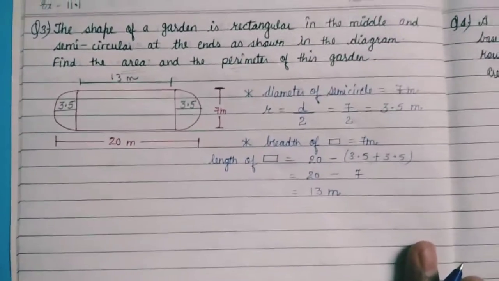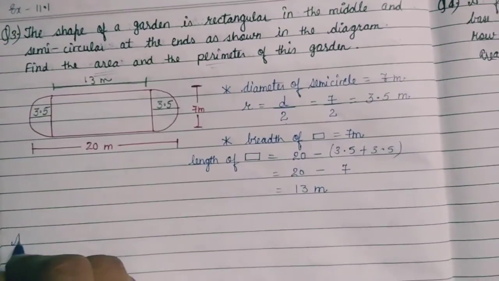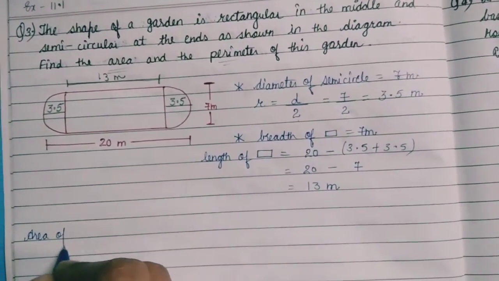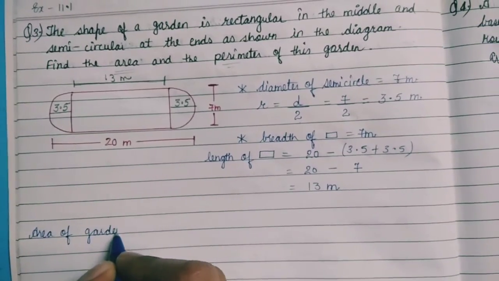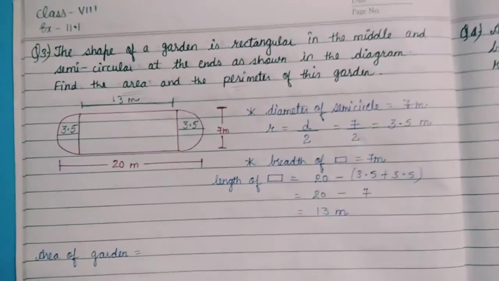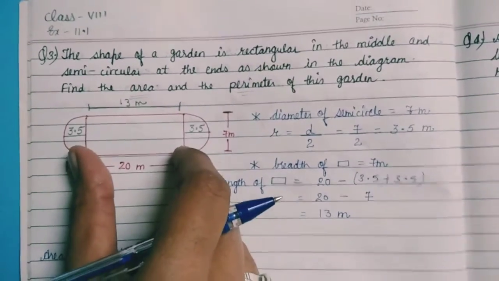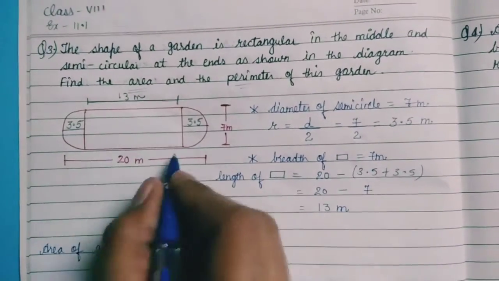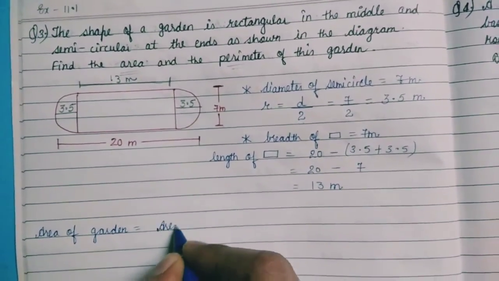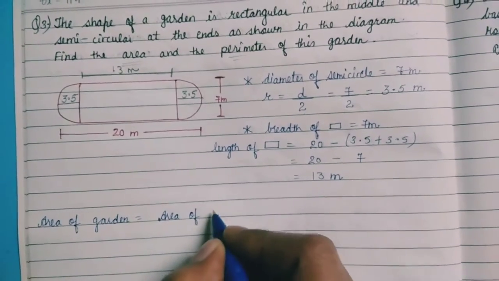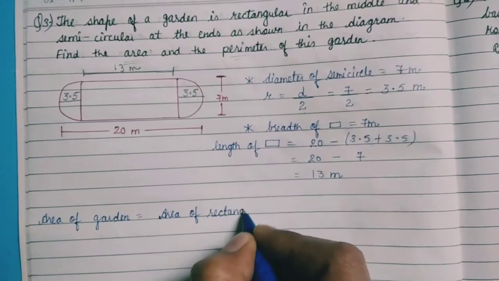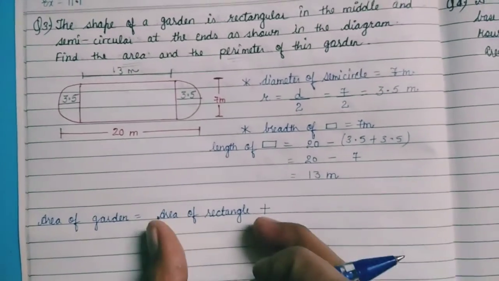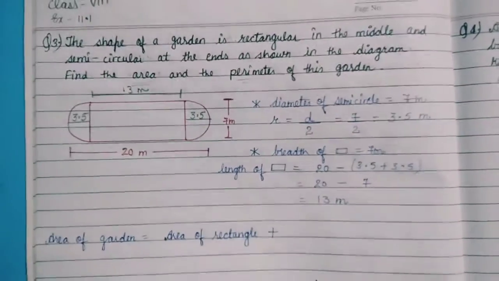Now we can easily take the area of the garden. For the area of the garden, you can see in the middle we have a rectangular shape. It means firstly we will apply the area of the rectangle, and at the end points we have semicircles.